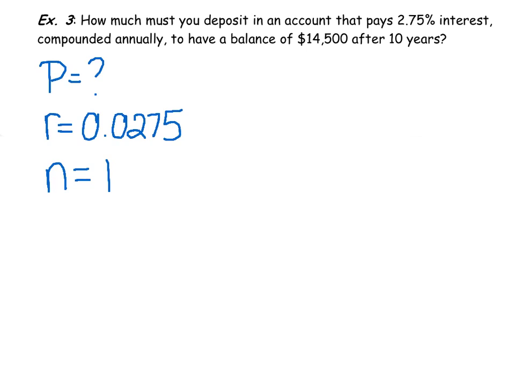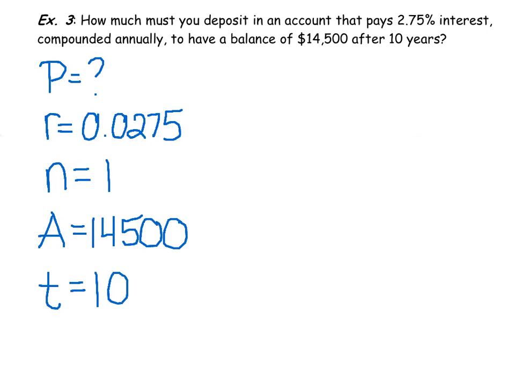They want to know how much will you have to deposit, what is P, if we have a balance at the end. So A is going to be $14,500 after T, which is 10 years. So use the same formula.